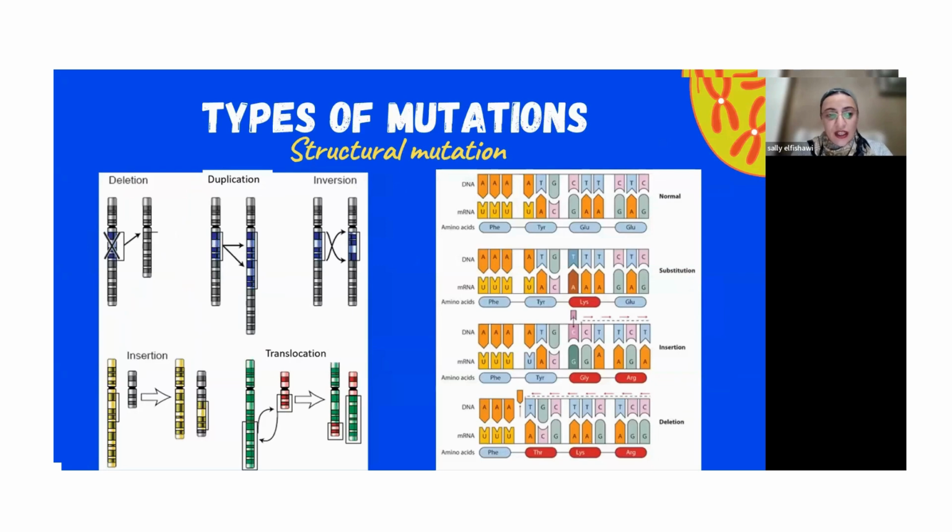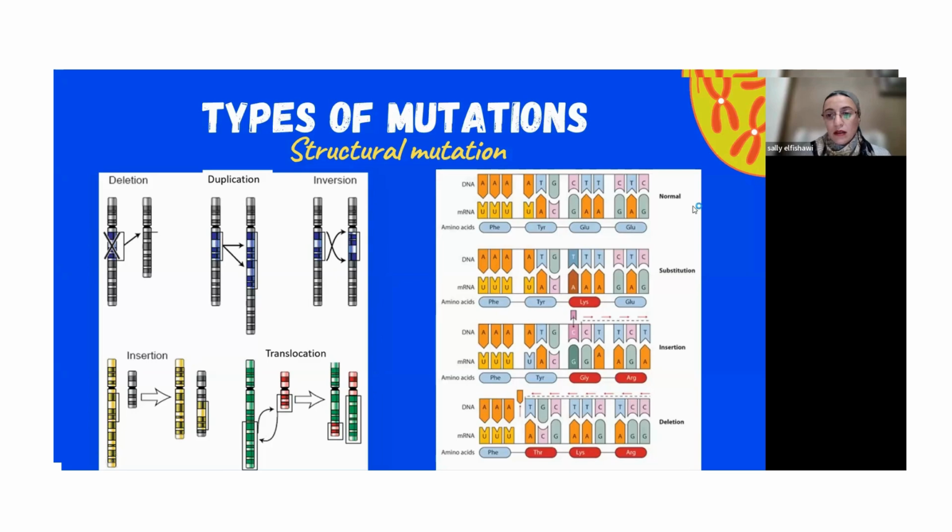As you can see in the right figure, we can have a deletion in the chromosome, a duplication, an inversion, an insertion of part of the chromosome into another chromosome, or a balanced or unbalanced translocation, where part of one chromosome goes to another chromosome, causing what's called a fusion gene. The arrow here marks the fusion gene, where one part of a chromosome joins another part of a chromosome.